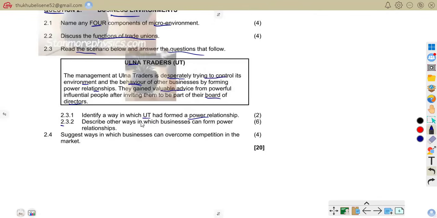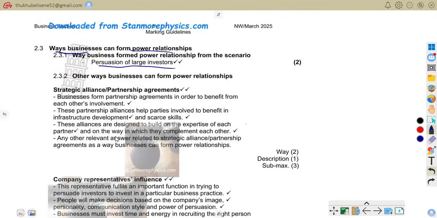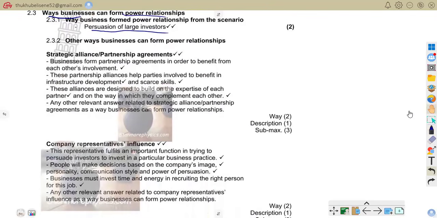Now 2.3.2: describe other ways in which a business can form a power relationship. So we are here now. As it talks about business, we are talking about strategic alliances and partnership agreements. Businesses form partnership agreements in order to benefit from each other's involvement.